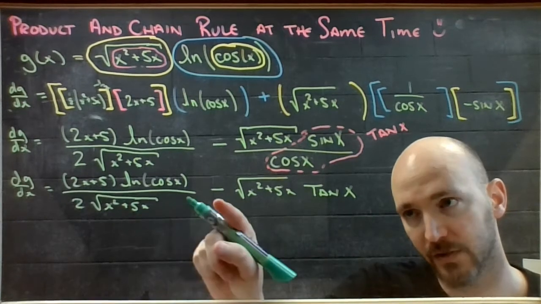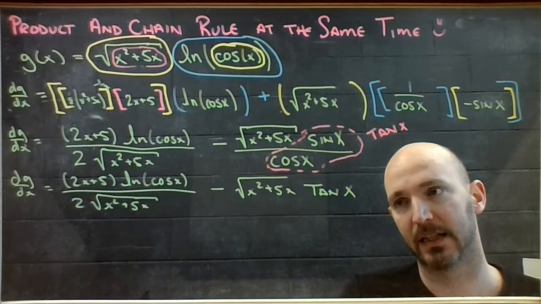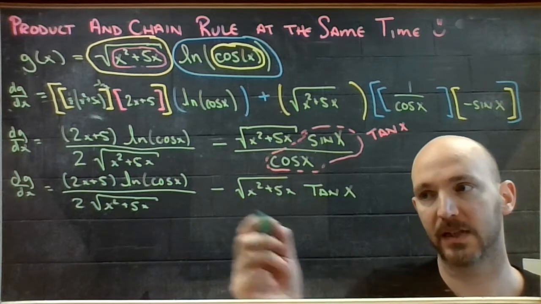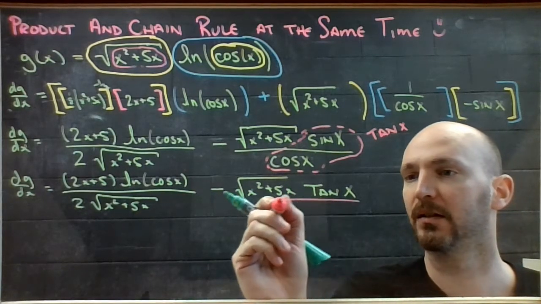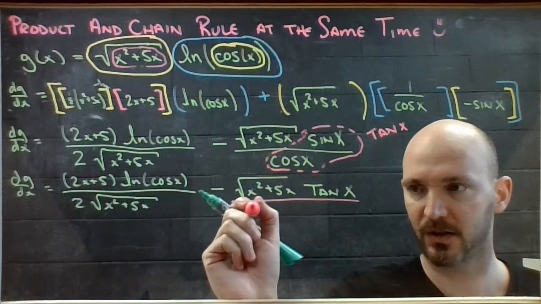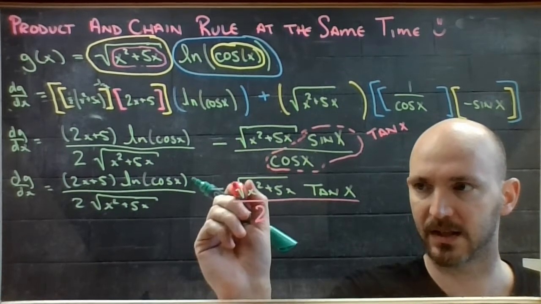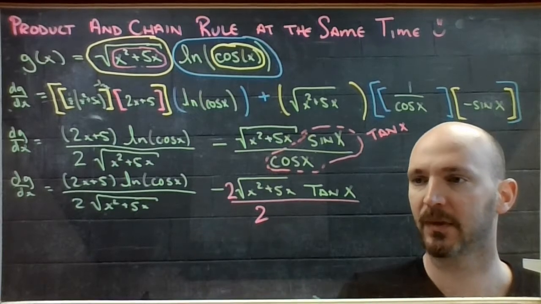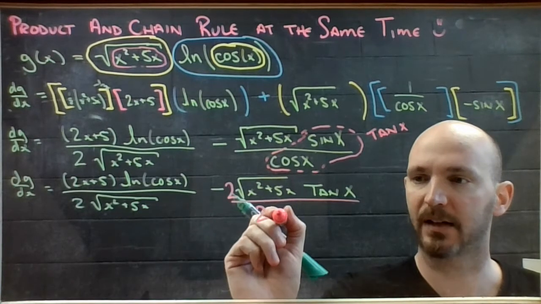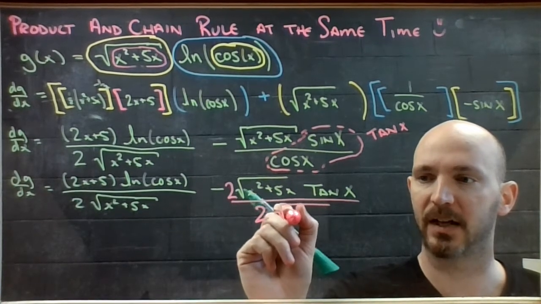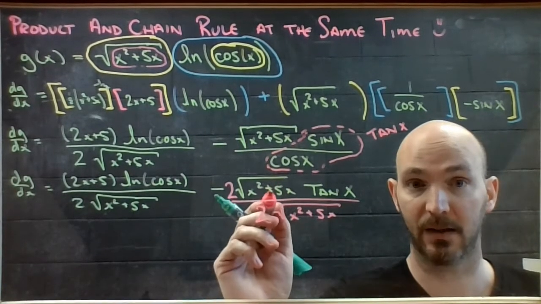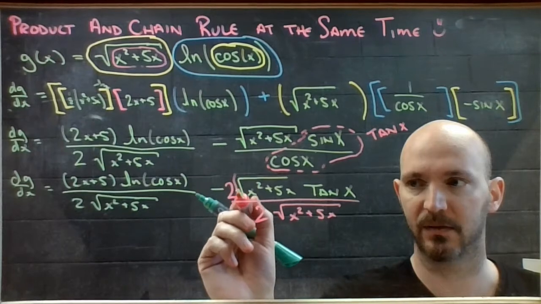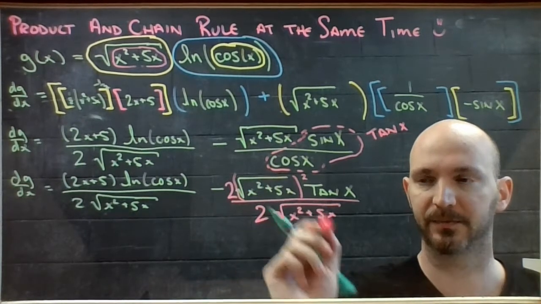I have a fraction minus a fraction, so I need to clean that up. So I'm going to need to introduce a common denominator. So let me do that. This has a 2 that this is missing, so in it goes. It's also missing a factor of x squared plus 5x. And you'll notice I already had one up here, so I just need to add in a second one.